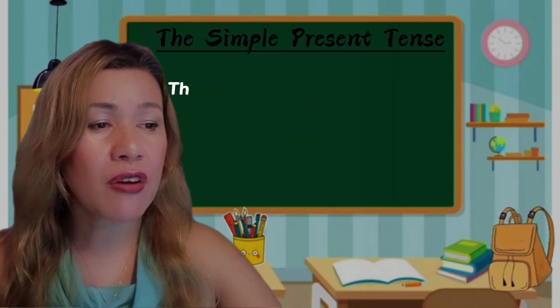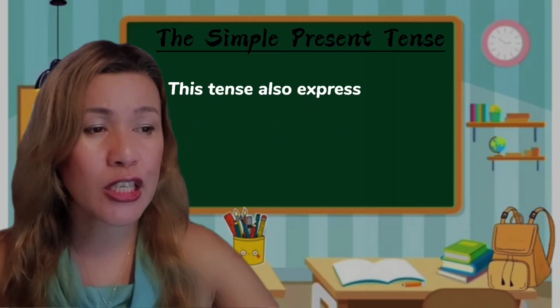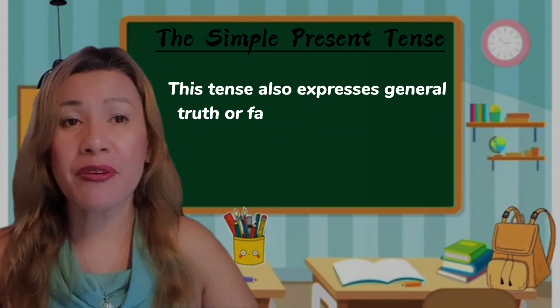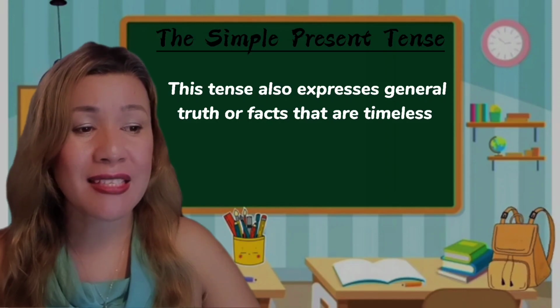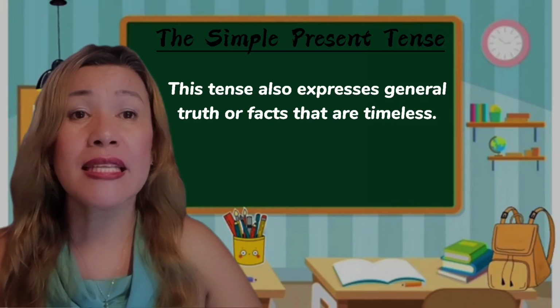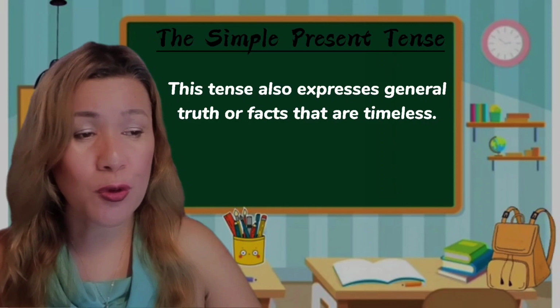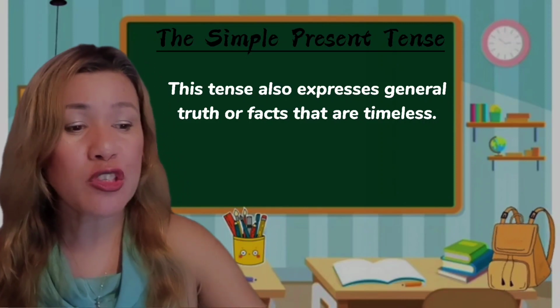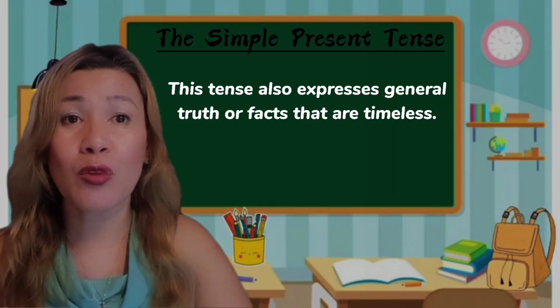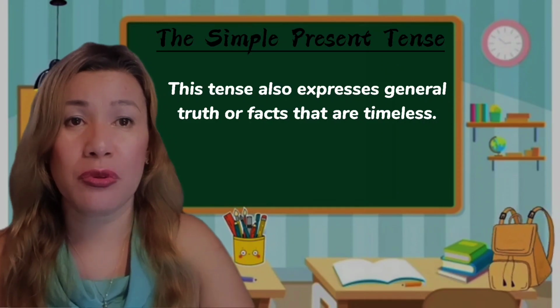Another use of the simple present tense is to express general truth or facts that are timeless. What do you mean by that? General truth is something that we believe to be true. Okay?